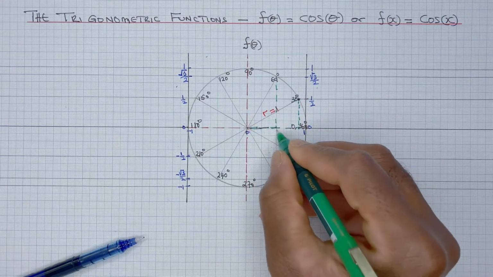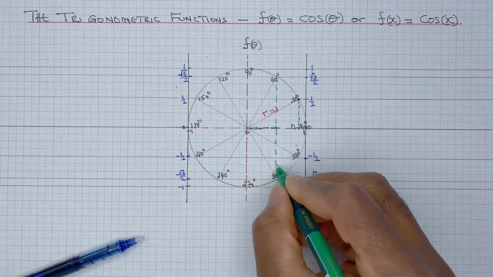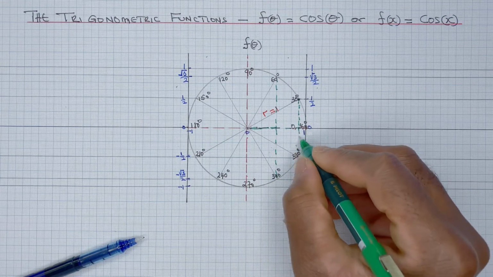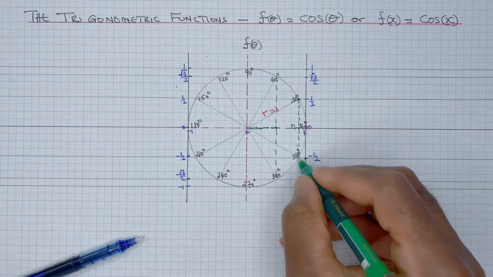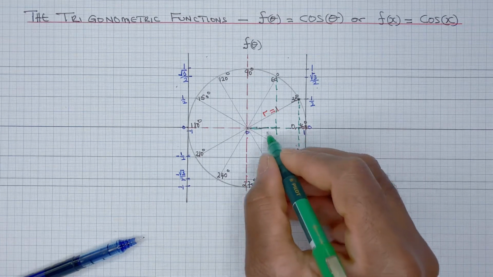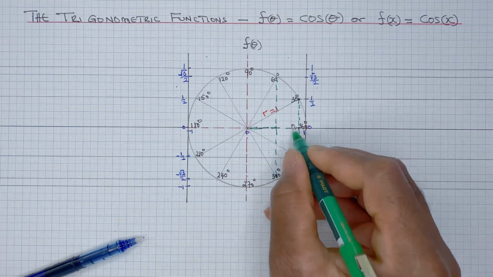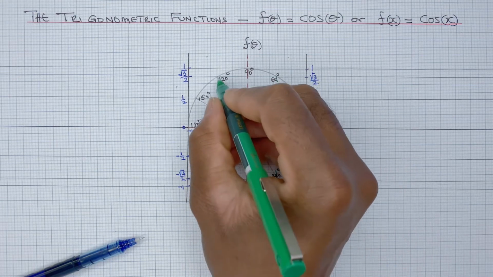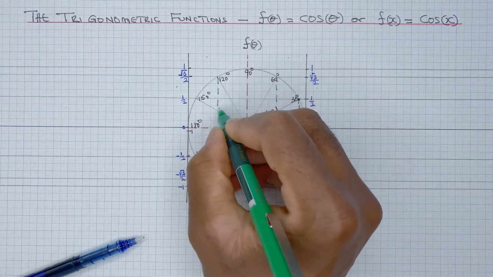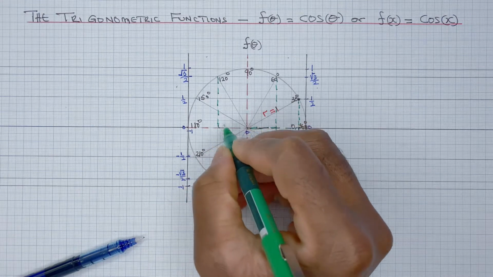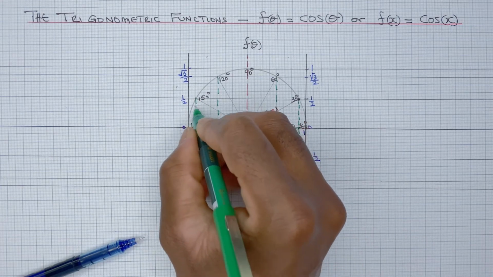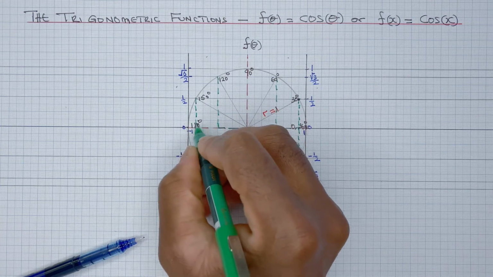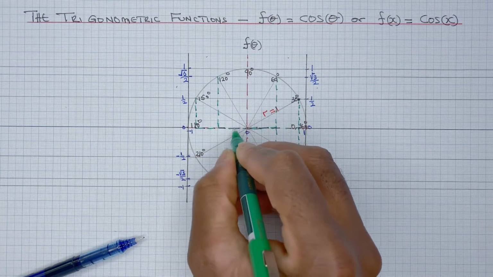Same thing with this angle here, same thing with that angle there. So it has its y value, it's negative, and the x value is positive. Likewise with that angle, this is the x value. For 150, this is the y value, and this is the x value.